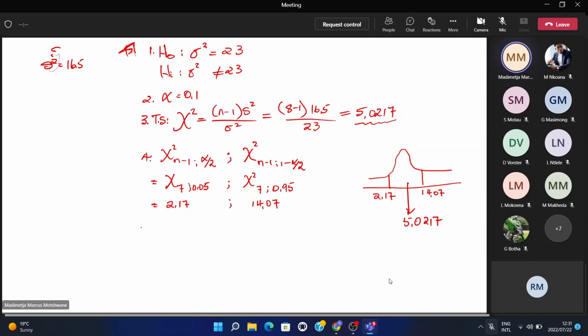So you can say 2.17 is less than 5.0217 is less than 14.07. It is in between. And therefore, at step number 5, H0 is accepted at 10% level of significance.